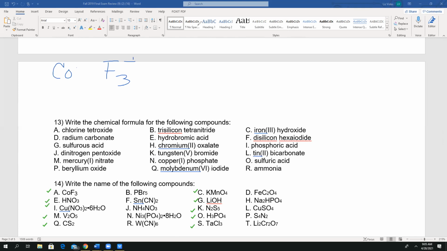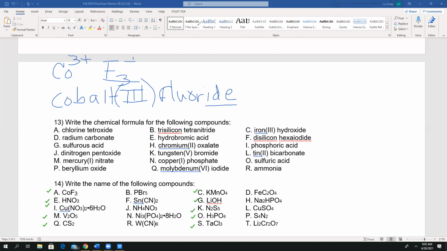So in order for this to be a 0, that has to be the cobalt 3. So now you can name it, okay? Now you can see that this is cobalt 3 fluoride. And it's fluoride, not fluorate or anything like that, because it's a single element, right? So ide.